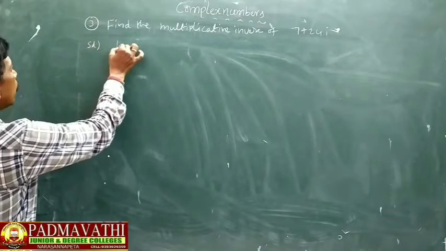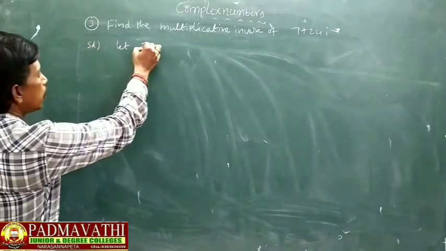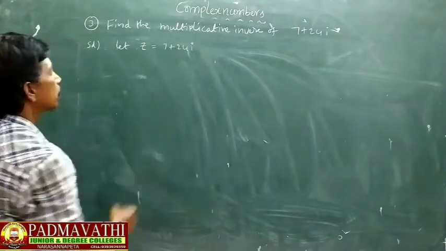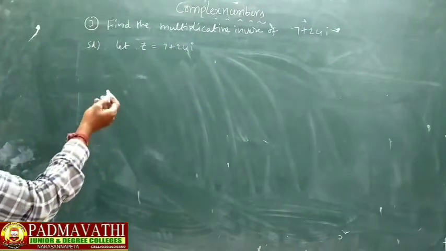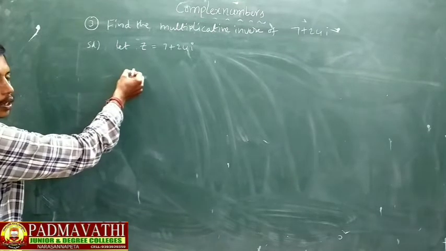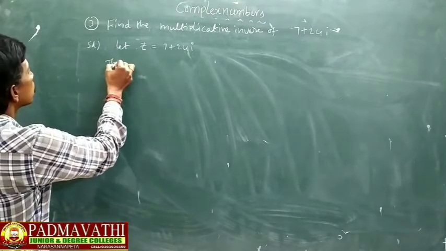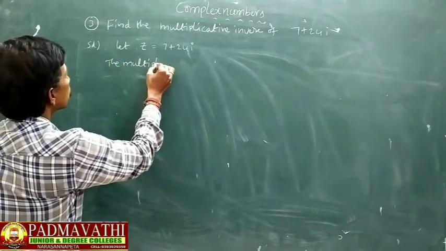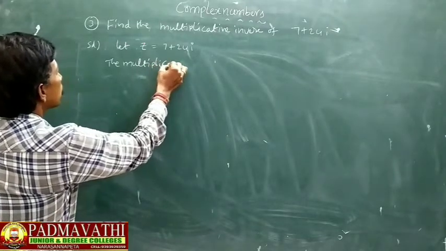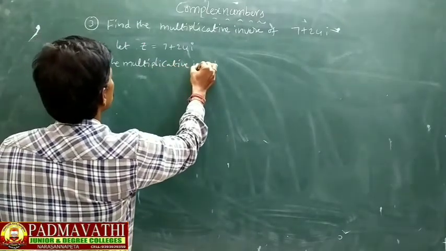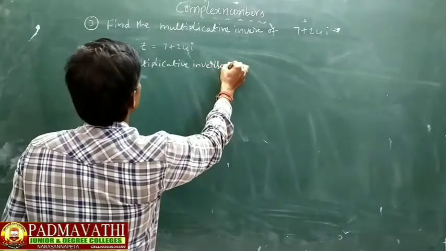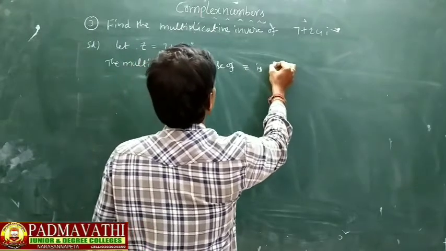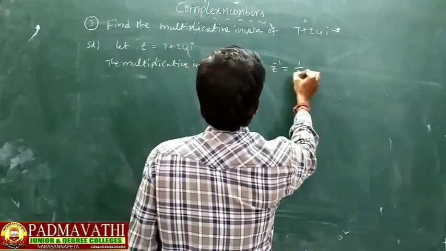Solution. Let the given complex number z be equal to 7 plus 24i. The multiplicative inverse of z is z inverse, that is equal to 1 by z.